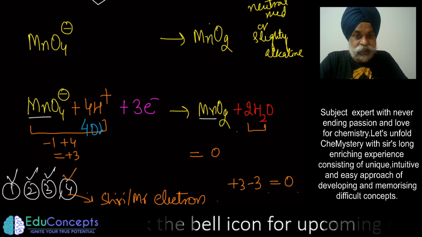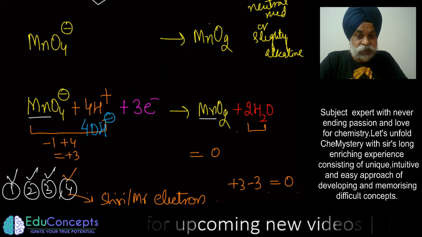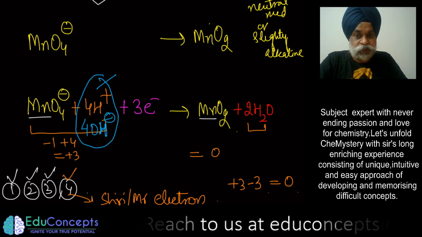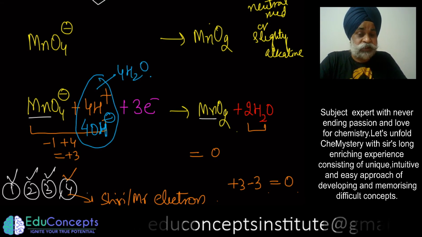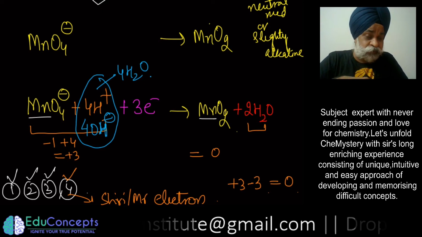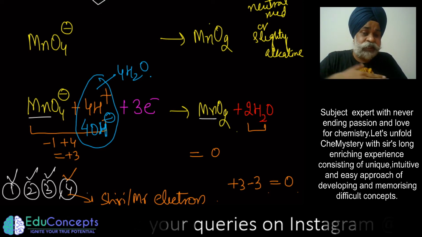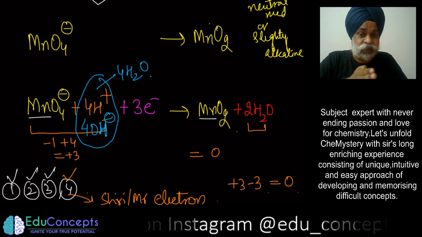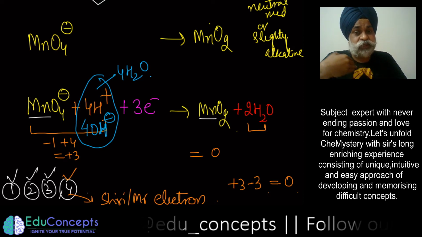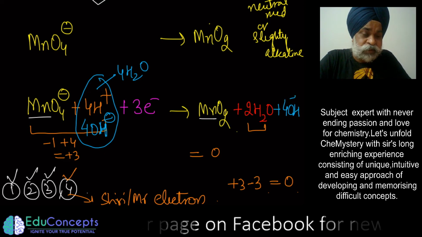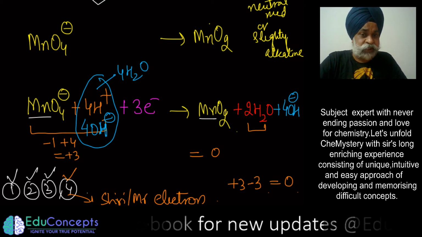So I added 4 OH negative. As soon as I added 4 OH negative, this has become 4 water. Just see, before the addition of OH negative, the reaction was balanced. Now you added 4 OH negative to remove H positive. So if you have added 4 OH negative on the reactant side, you are supposed to add 4 OH negative on the product side also.